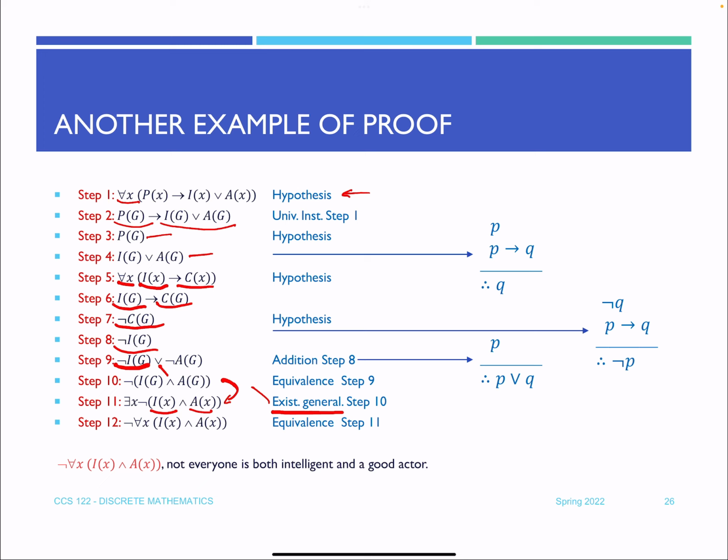And then you can take this negation operator outside of the quantifier, which flips the quantifier, of course. And we have, it's not the case that for all x, they're intelligent and good actors. So, put even more simply, not everyone is both intelligent and a good actor.